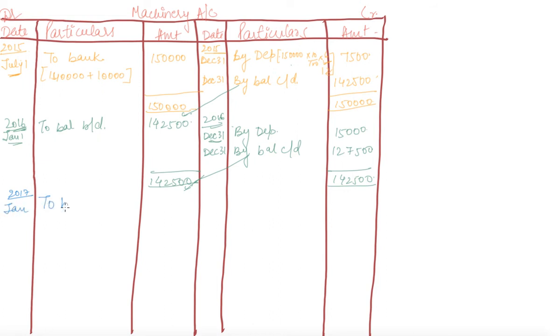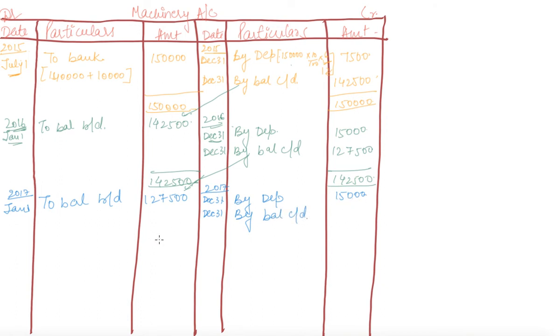This will be transferred to the first date of the next year, which is 2017 January 1st, to balance b/d rupees 1,27,500. Okay, and on 2017 December 31st, your entry will be by depreciation 15,000 and December 31st by balance c/d.